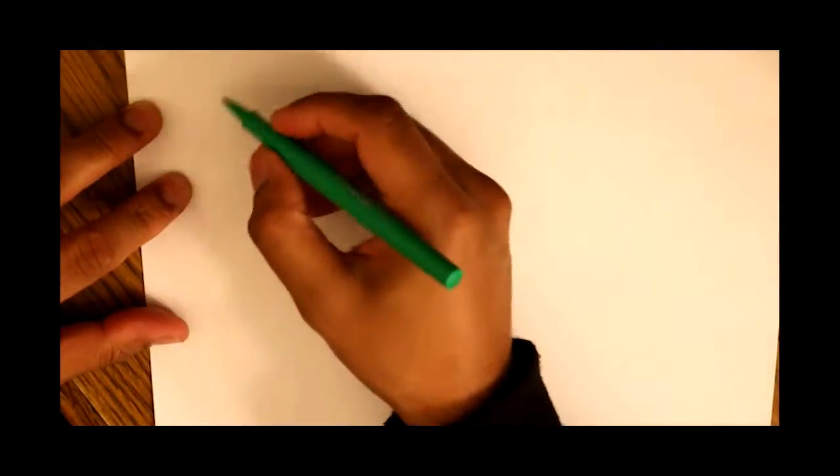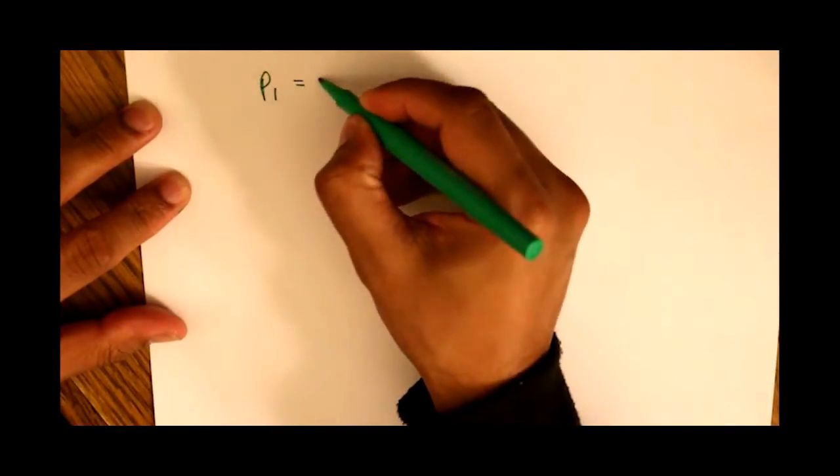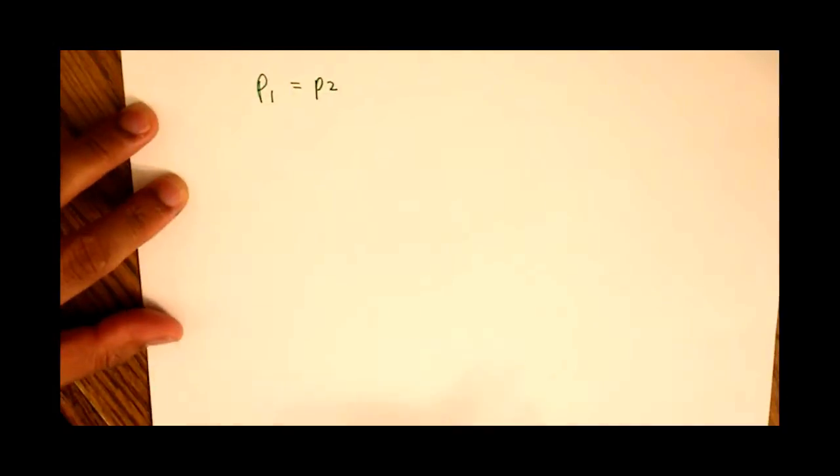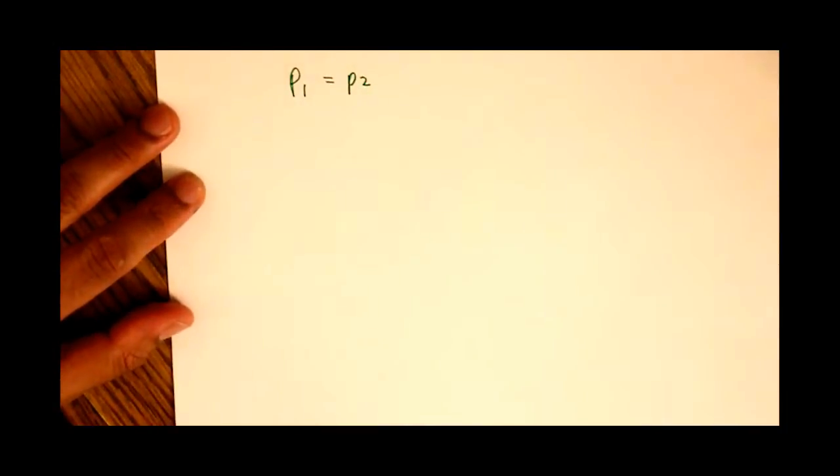From the conservation of momentum law, we should say that the initial momentum, P1, equals P2. The initial momentum is just the raindrop by itself.